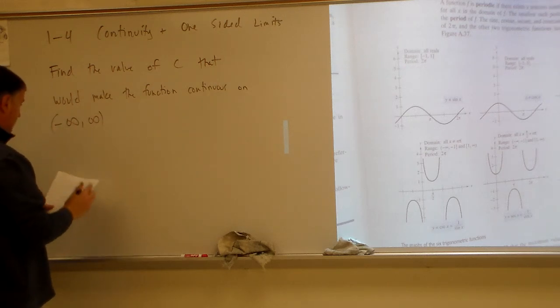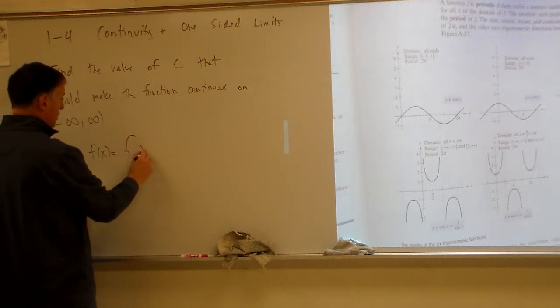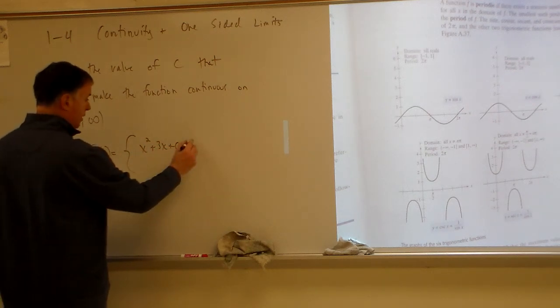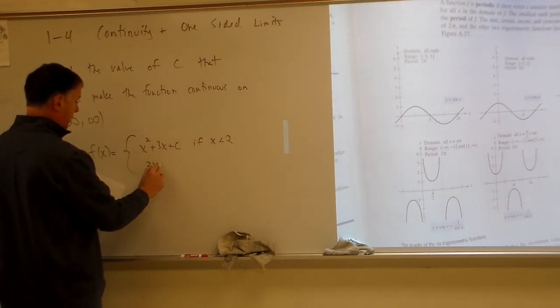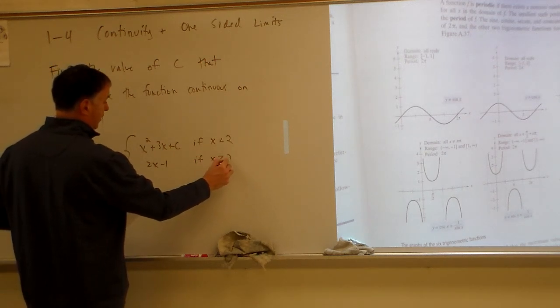All right? And they give us this. f of x equals x squared plus 3x plus c if x is less than 2, and 2x minus 1 if x is greater than or equal to 2.